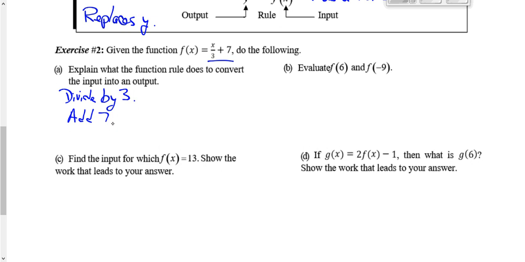They want us to evaluate f of 6 and f of negative 9. I'll do f of 6 here on the left and f of negative 9 over here. So f of 6 equals 6 over 3 plus 7. What's 6 over 3? 2. 2 plus 7, so f of 6 equals 9.